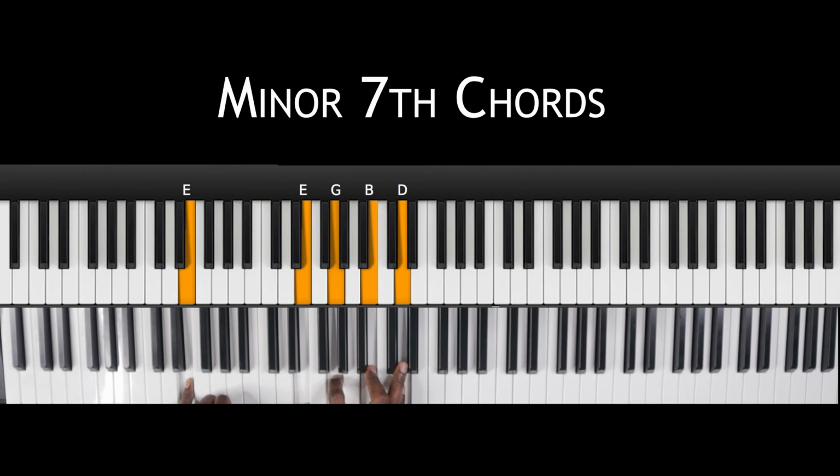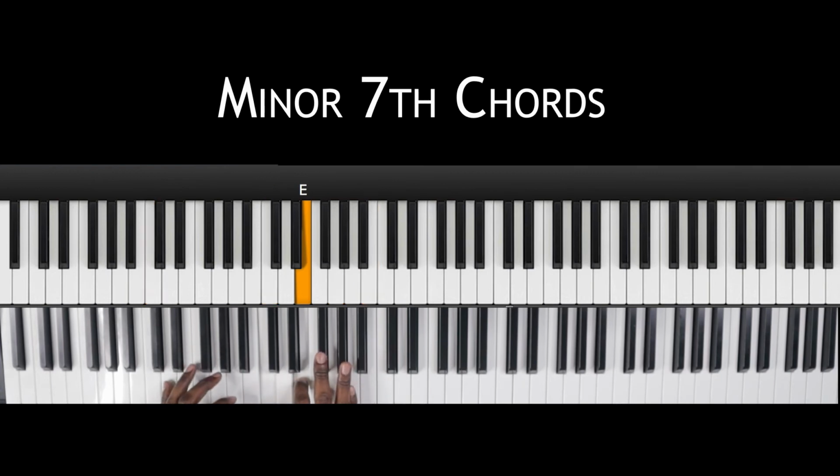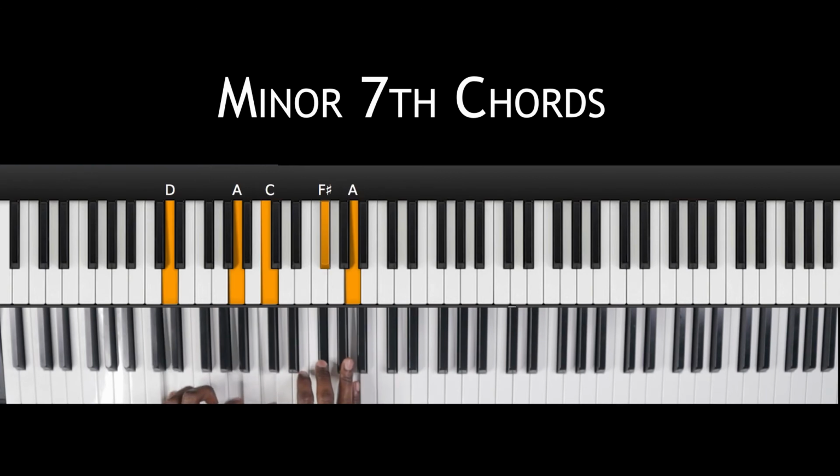In this case, it would be E minor 7th. And then on the 4th, we have the major 7th. And then on the 5, we have the dominant 7th. And then back to the 1.